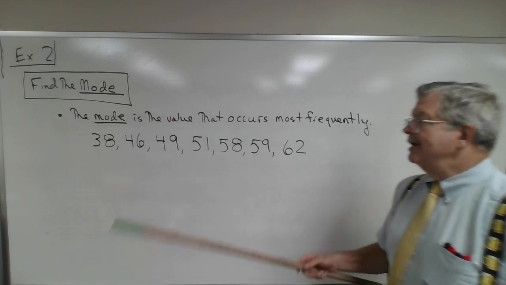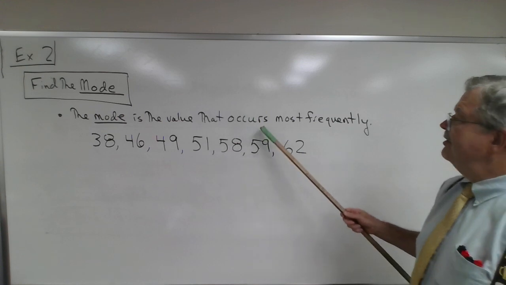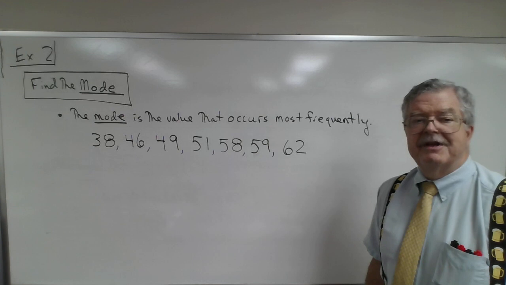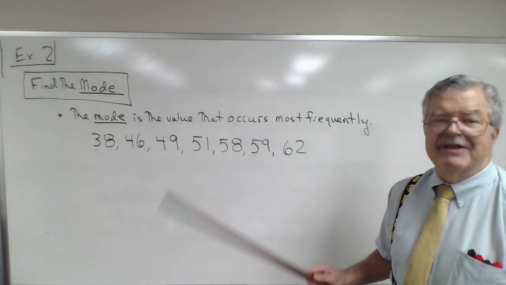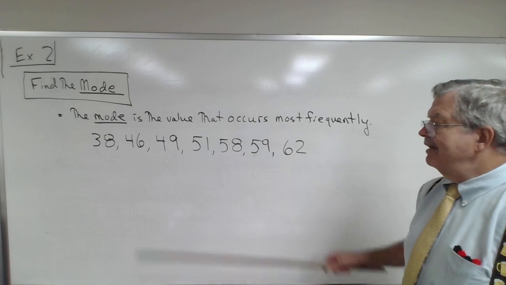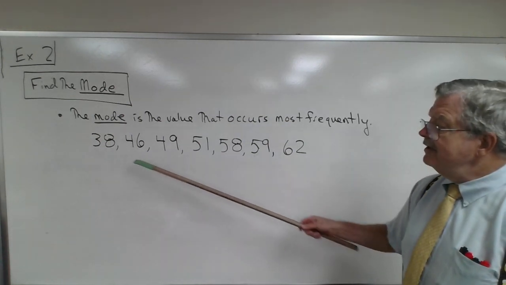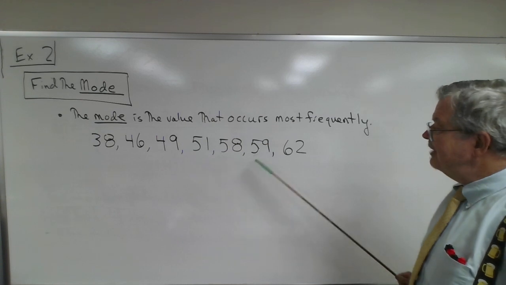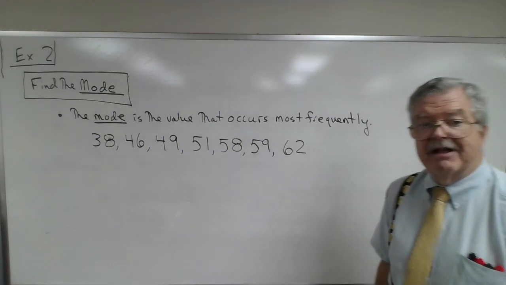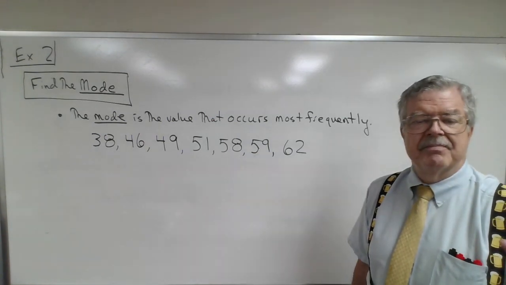Find the mode. By definition, the mode is the data value that occurs most frequently. The mode is the data value that occurs more than any other data value. Well, here are our data values. We have 7 data values, and each of these data values occurs exactly once. We have 7 different values.